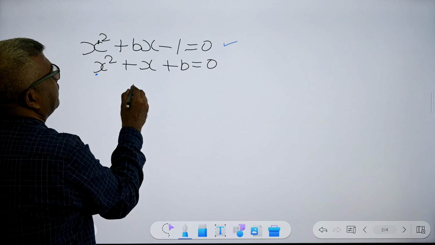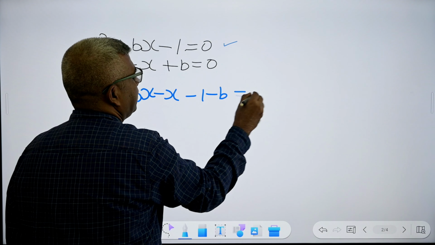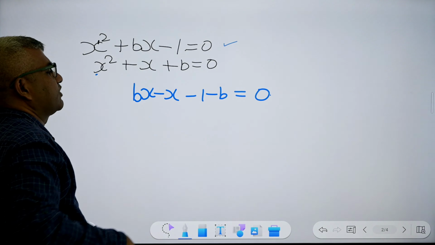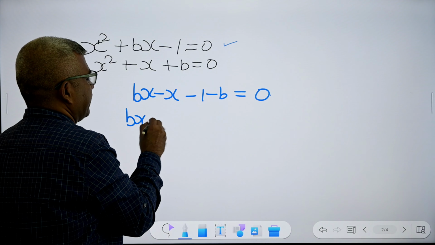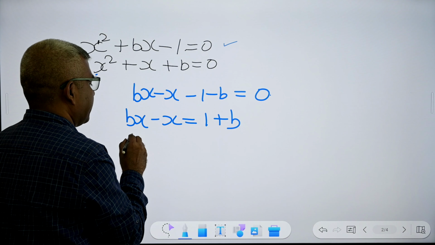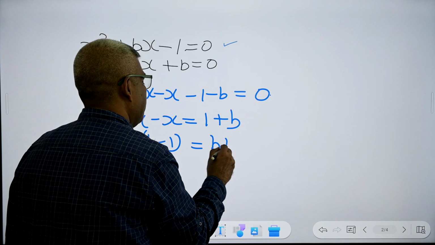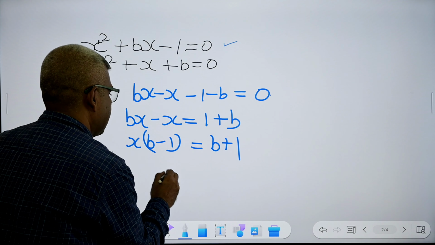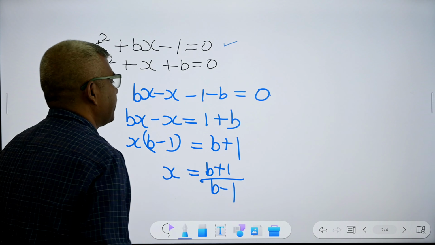So what will happen? bx minus x minus 1 minus b is equal to 0. x squared minus x squared is out. So, bx minus x is equal to minus 1 plus b. Take x out, b minus 1 times x equal to b plus 1. So x is equal to b plus 1 over b minus 1.